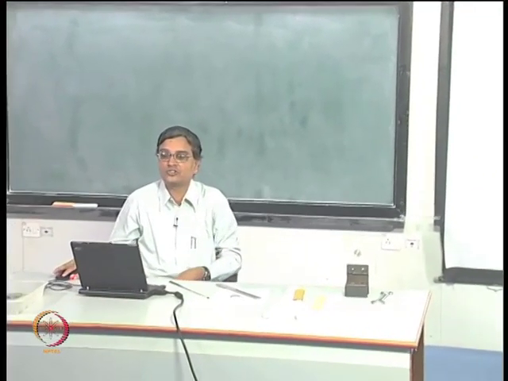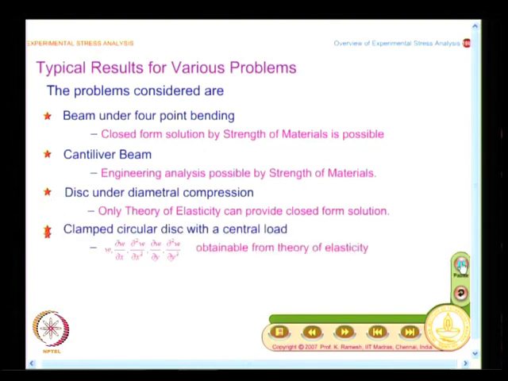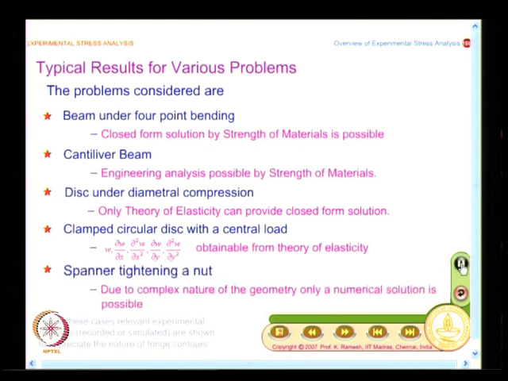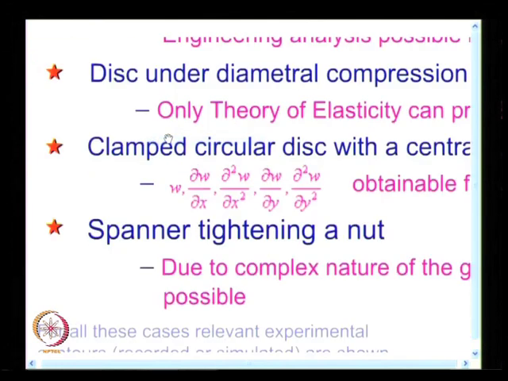This solution is also very important for you to note down. Then I will have a clamped circular disc with a central load, and I will show this a little bigger. Here I can find W, the out-of-plane displacement; dou W by dou x is the slope, and dou square W by dou x squared is the curvature.